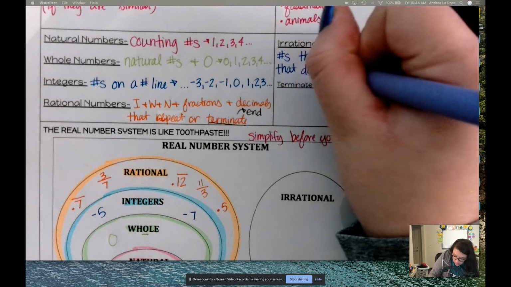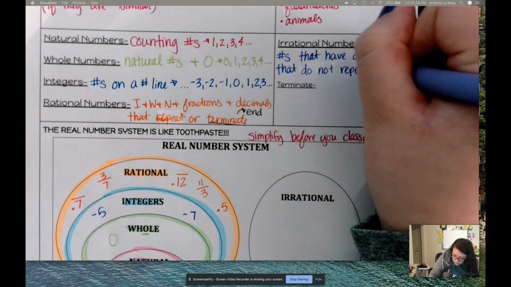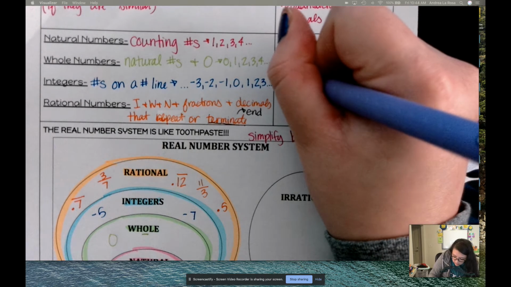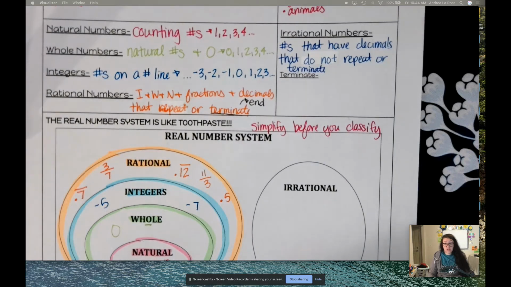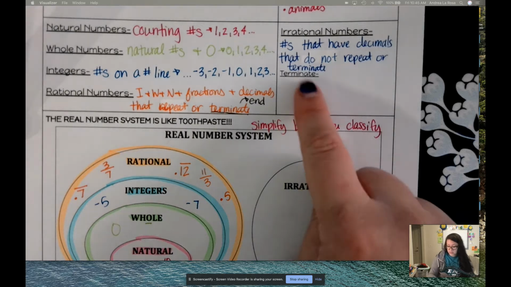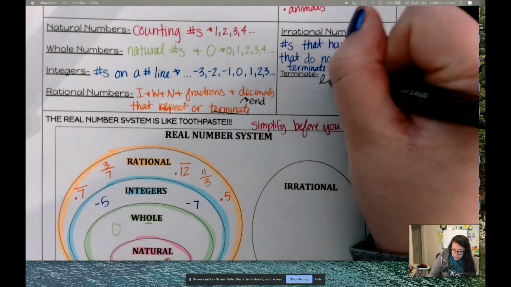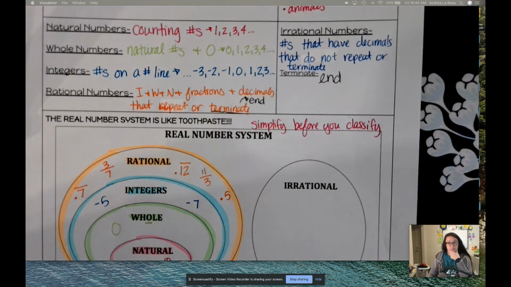They do not repeat or terminate. Irrational numbers have decimals that do not repeat and they do not terminate. Like we said, the word terminate means end.